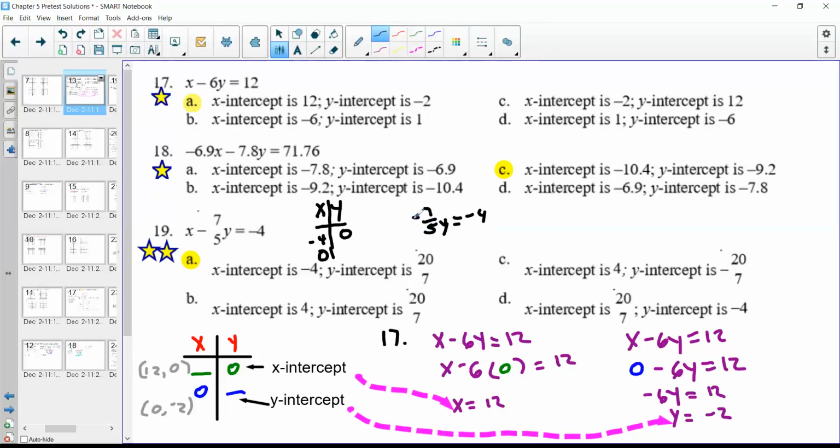I'm going to multiply by the reciprocal, -5/7. So that'd be -4/1 times -5/7, so that'd be +20/7. That's the y-intercept. So again, the y-intercept is when x is equal to 0, and the x-intercept is when y is equal to 0.